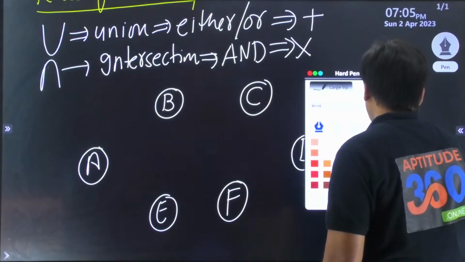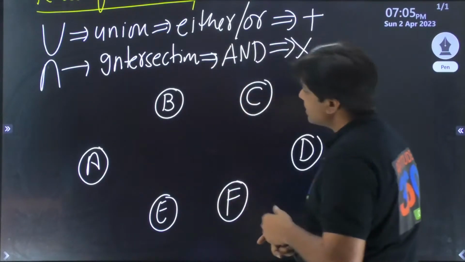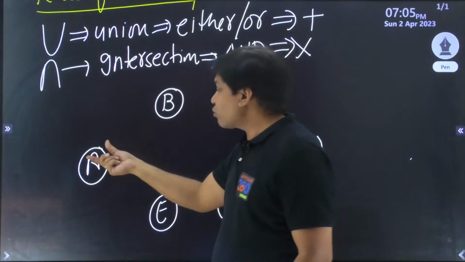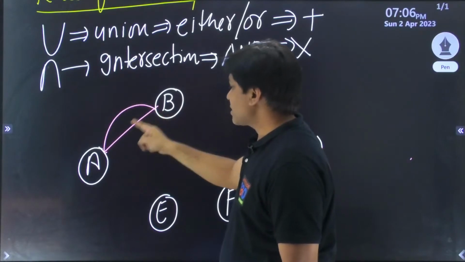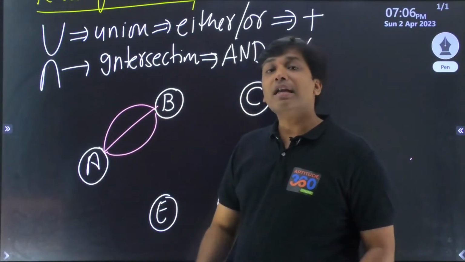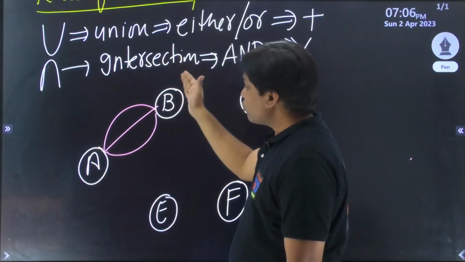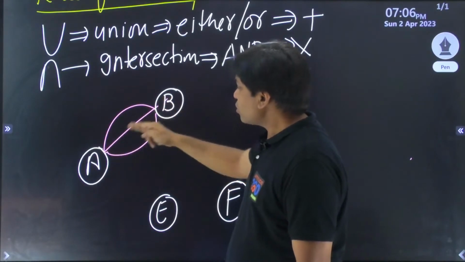So these are the cities, and I ask how many ways somebody can go from city A to city B? Say there are 3 ways. What did I say? There are 3 ways through which somebody can go from A to B. Maybe either this route, or this route, or this route.